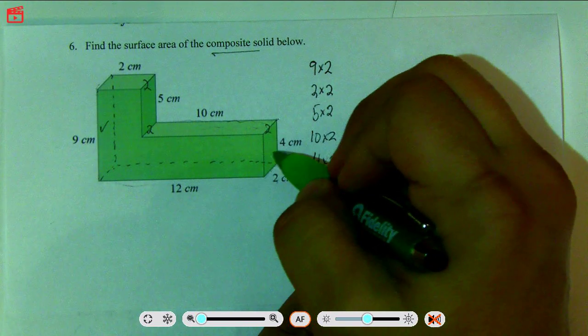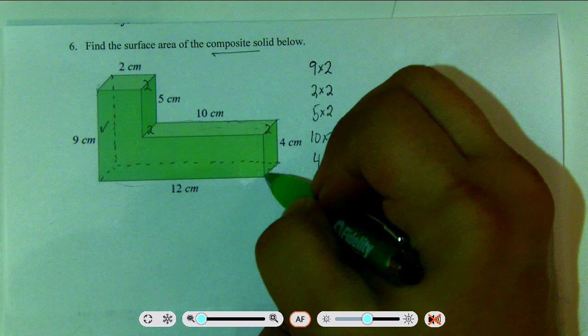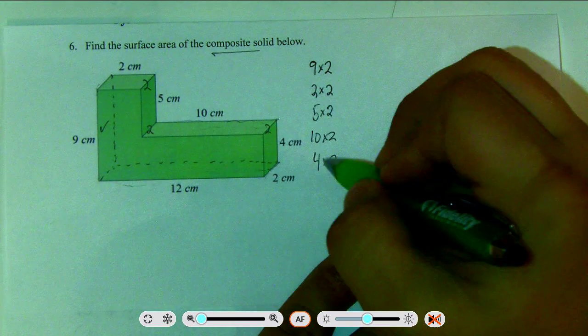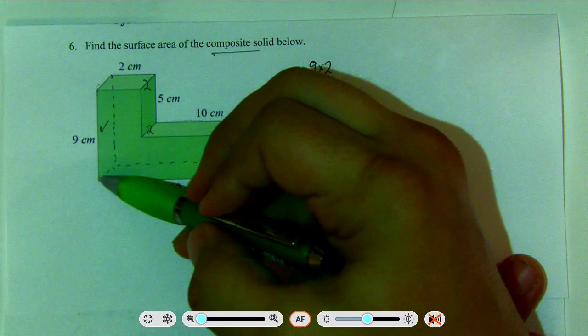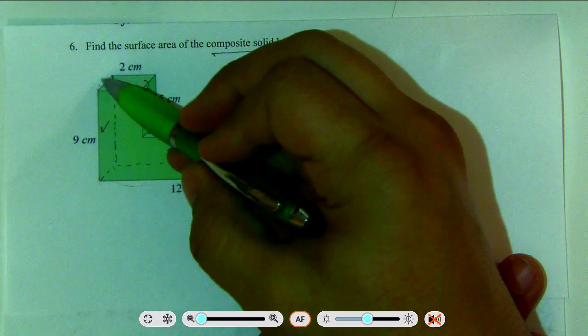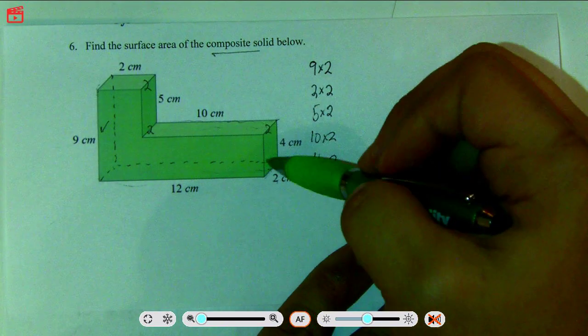And then it gets a little strange. Well, we go to the bottom. We'll do the bottom first. Go along the bottom. It's 2 by 12. So that's taken me around the left to the top, down to the second top, down to the right, and around the bottom.